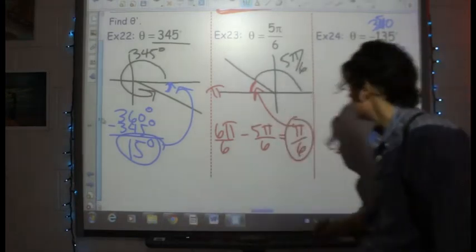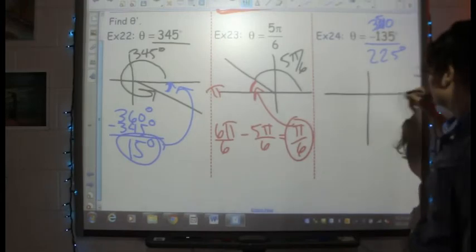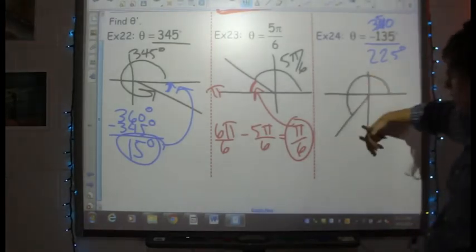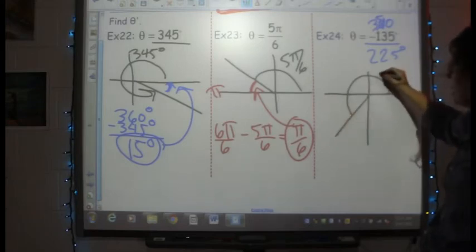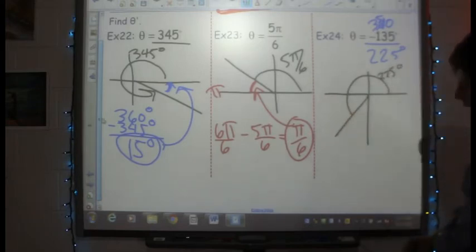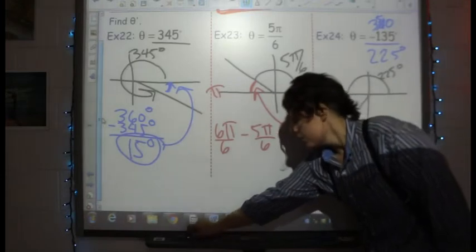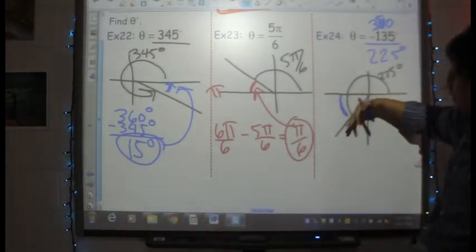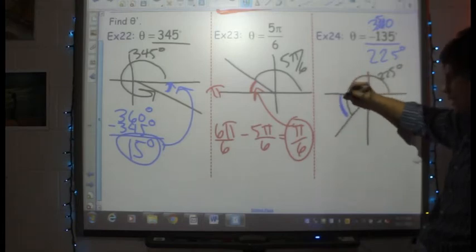225 degrees is in the 3rd quadrant because I have 0, 90, 180, 270, and 225 is between 180 and 270. So this time, if I want to find my reference angle, here it is. It's the distance between the terminal side and the x-axis.